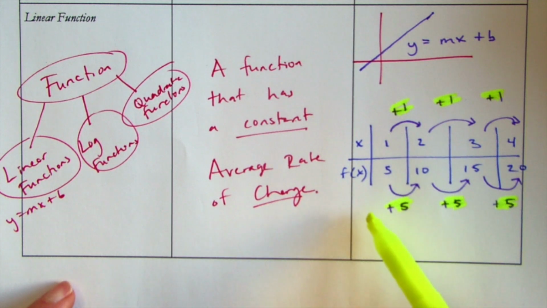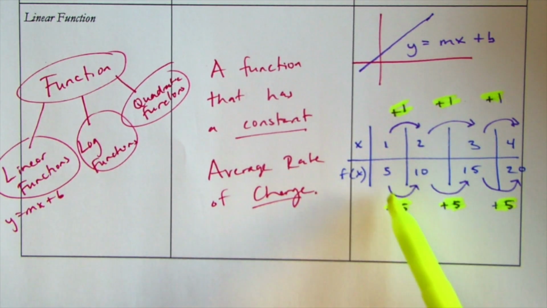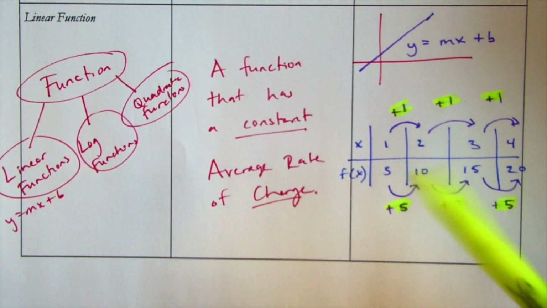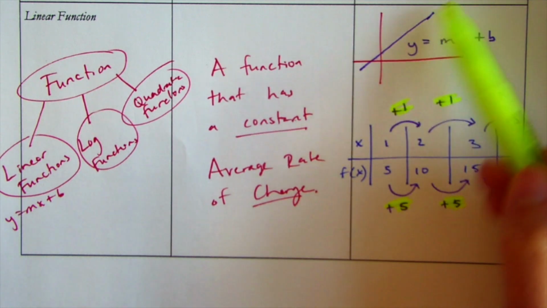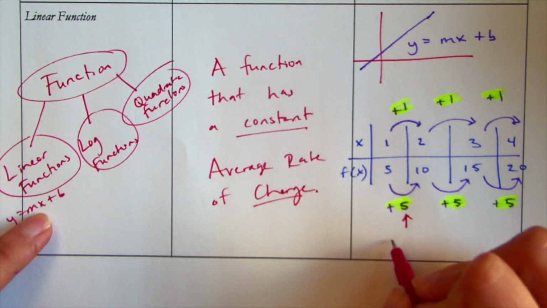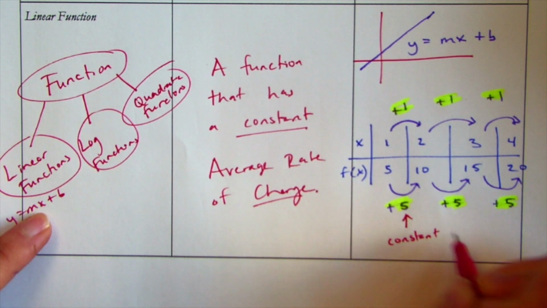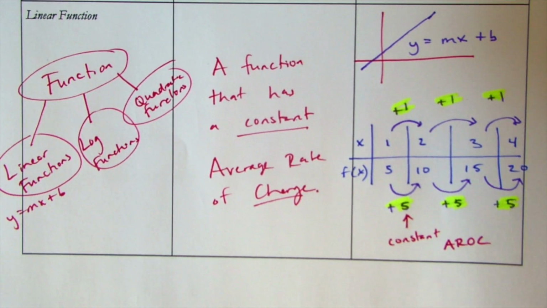I'm increasing my x by the same amount, and I'm increasing my output, my y, by the same amount. When you graph something like this, it's going to end up looking like a straight line. So this would be my constant average rate of change, which is my definition of a linear function. Okay, that is it for vocabulary.